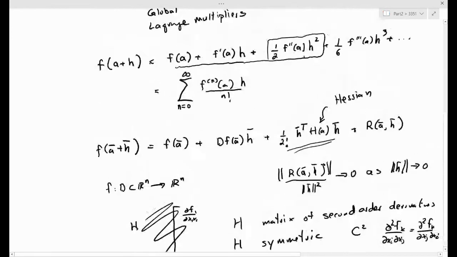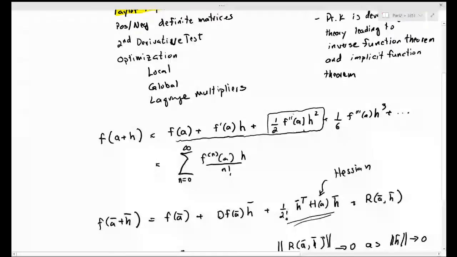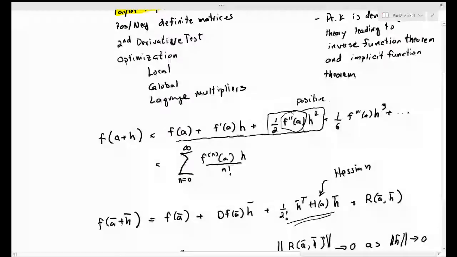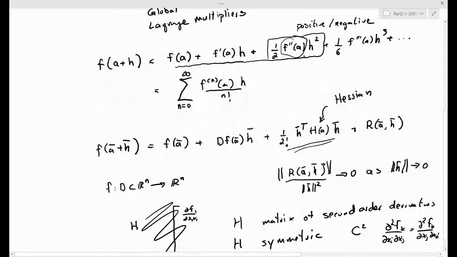And for the one variable case, we proved the second derivative test by saying, well, if the second derivative is positive at a critical point, then we know the function contains a minimum, and if the second derivative is negative, then we know the function contains a local maximum at a critical point.